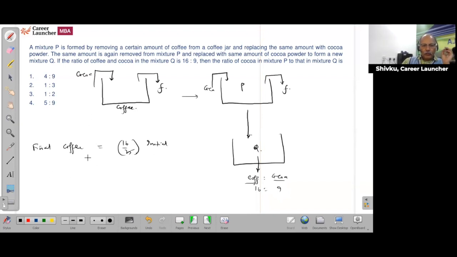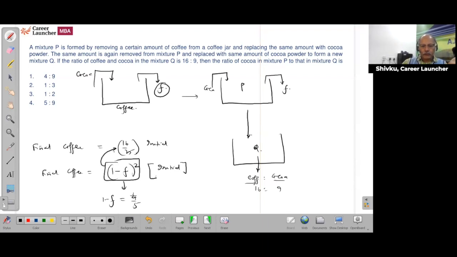Now, whenever we see these questions where you're removing and replacing, and if this fraction f is the fraction of the total volume that you're removing each time, the final coffee content after two operations must be 1 minus f squared into the initial, which implies your 1 minus f has to be equal to 4 by 5, because 1 minus f squared is 16 by 25.